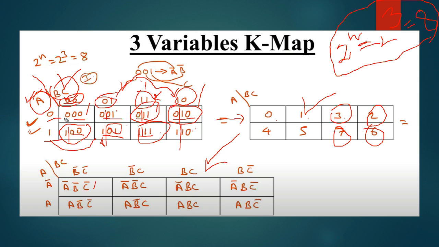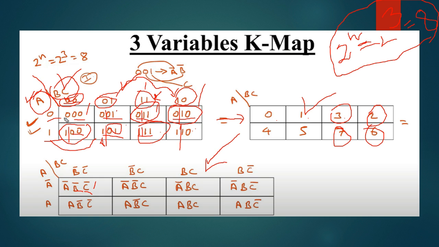So in SOP, sum of products representation, 0 means a bar. So we have given a bar on top of A, a bar on top of B, and a bar on top of C as well. This is how it goes.